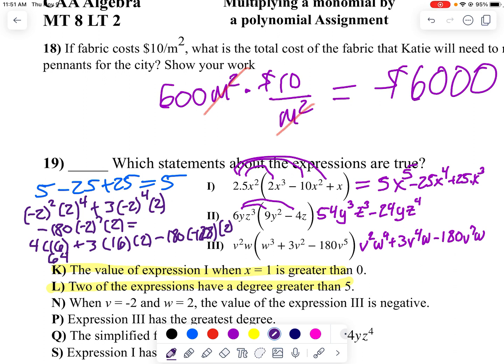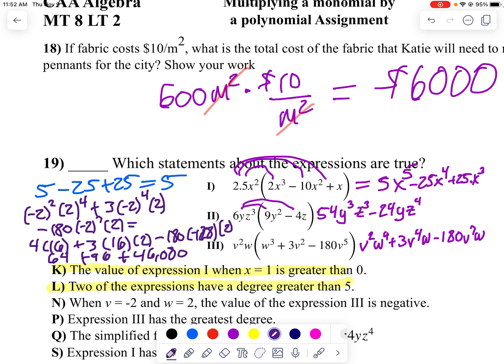I take 3 times 16, that's 48, times 2 gives me 96. If I take a negative times a negative, I get a positive. So notice I get 180 times 128 times 2, that's 46,080. I don't even have to do the second part to see that's false, because it's going to be positive, isn't it?